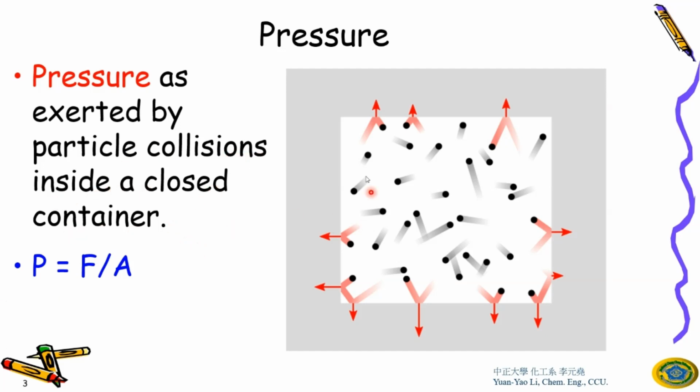Okay, so these particles will hit the walls, and so there's a force. And if you have force and you have an area, the force divided by area is the definition of pressure.